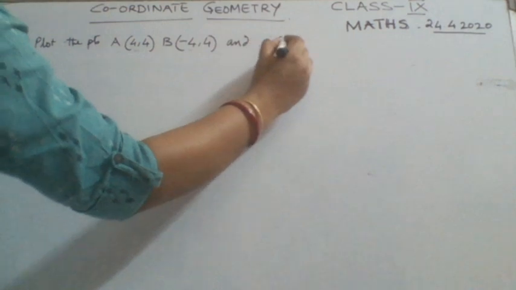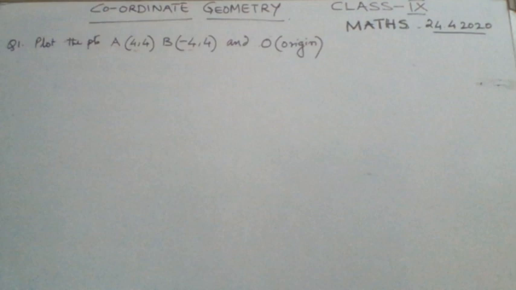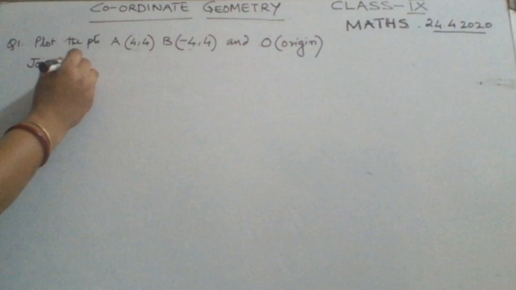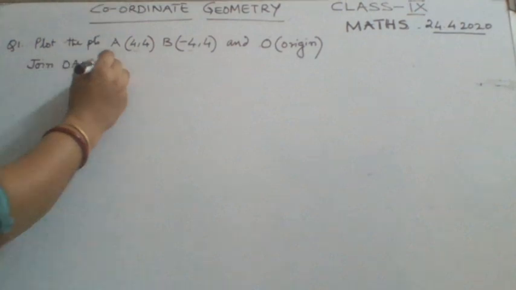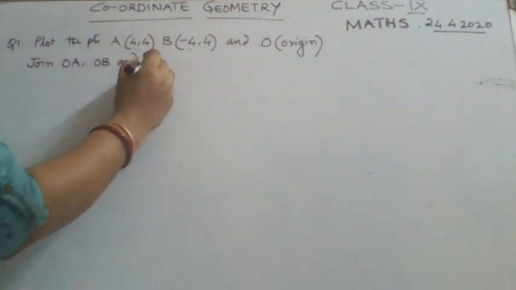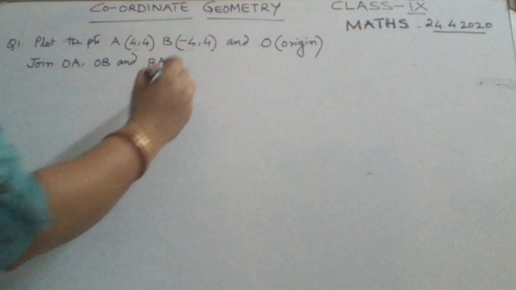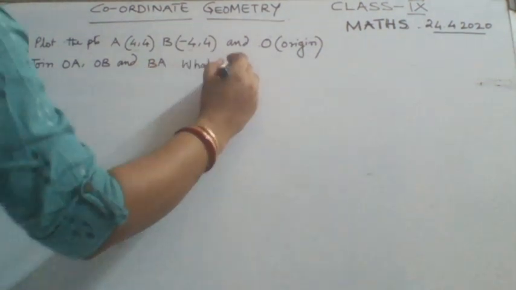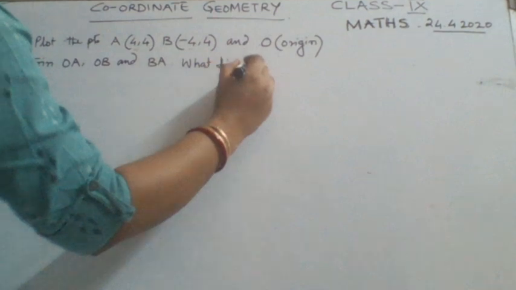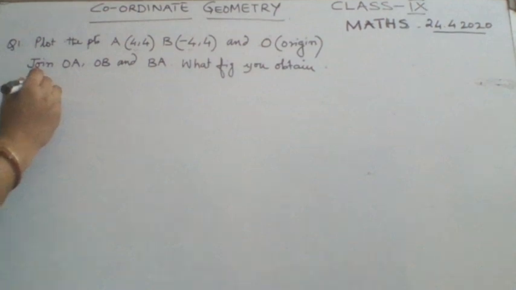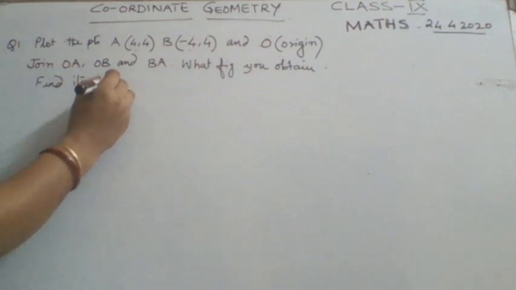Join OA, OB and BA. What figure do you obtain? And then find its area.